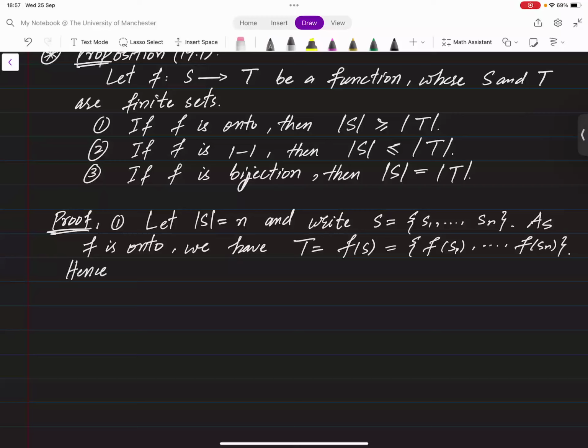Hence, order of T is less than or equal to n. Of course, order of T could be less than n, as some of the f(si)'s could be equal.